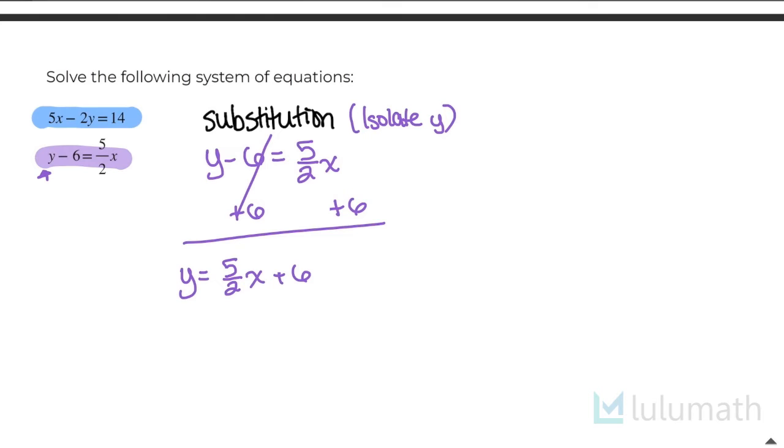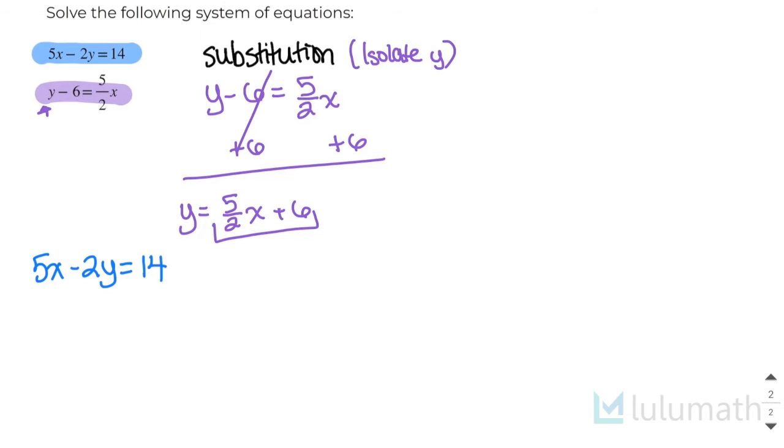Now I'm going to take my blue equation, 5x minus 2y equals 14, and every time I see a y, I'm going to replace it with this 5 over 2x plus 6. So I'm going to copy down the 5x minus 2 times 5 over 2x plus 6, and then say equals 14. Okay, so I'm going to distribute this negative 2 through.